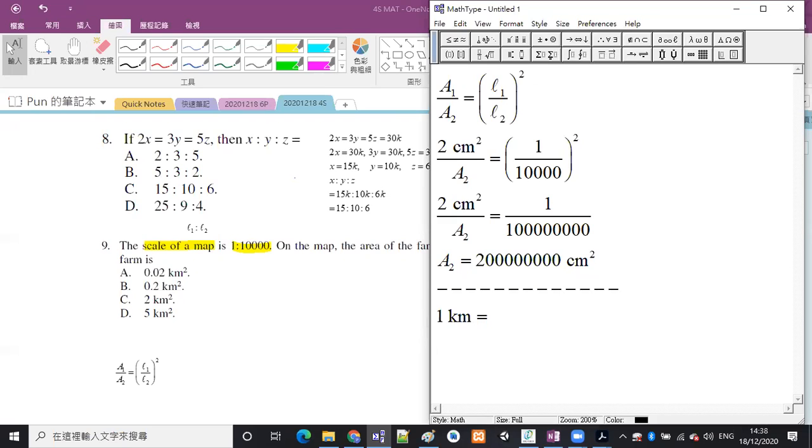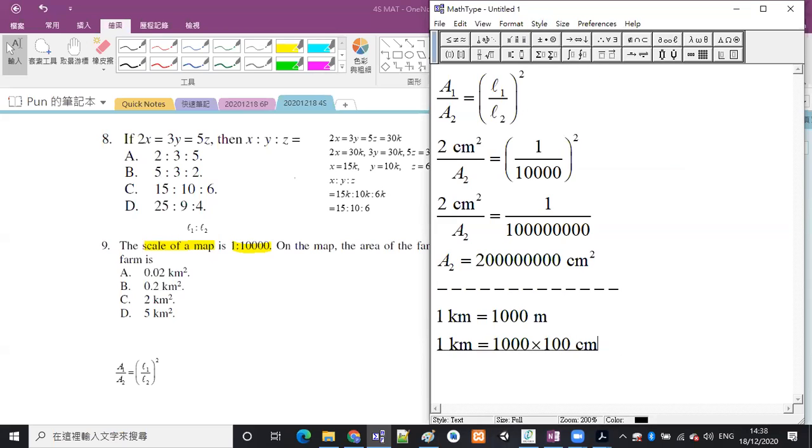Okay? 1 km is 1,000 meters, right? And then 1 meter is 100 centimeter. So 1 km is equal to 1,000 times 100 cm.